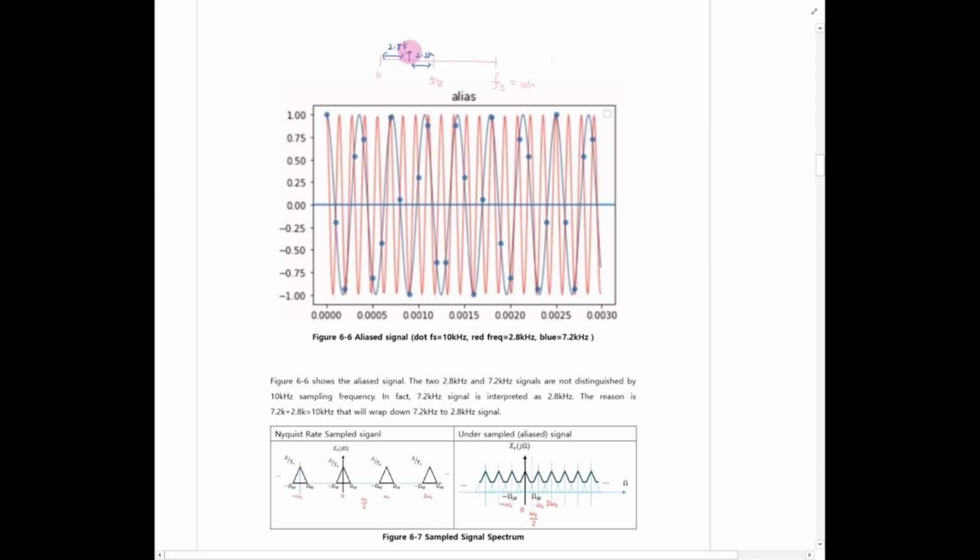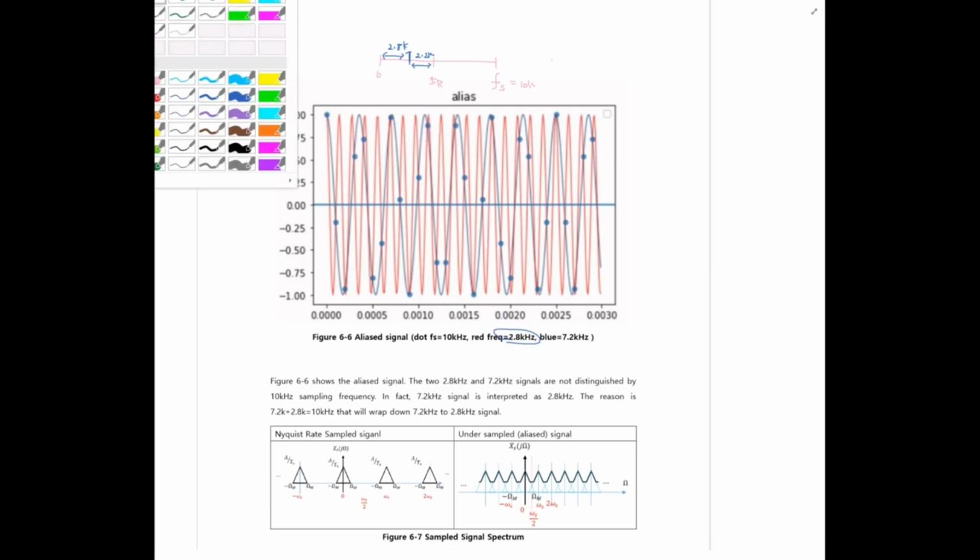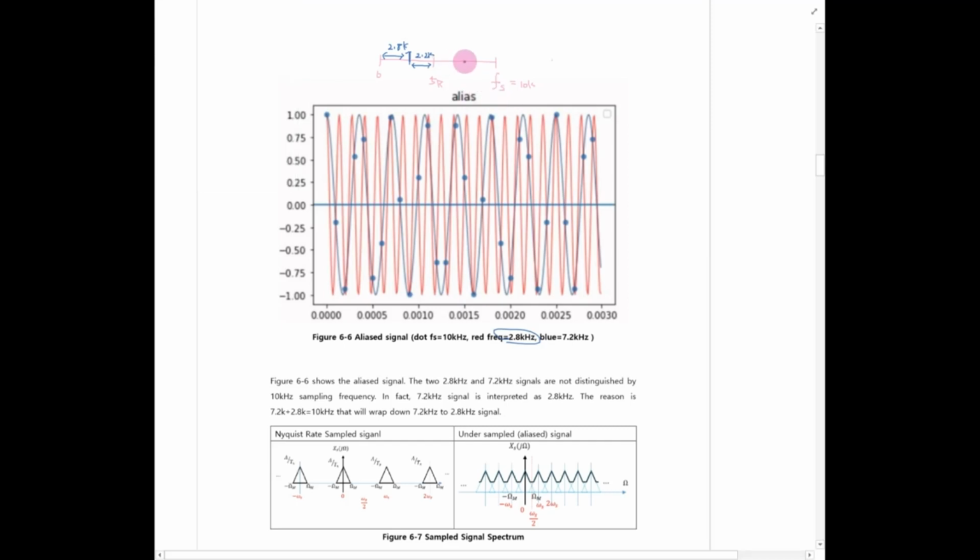So that's the location for this frequency component, the blue one. And 7.2 kilohertz corresponds to around here. This distance is 2.2k. That's the 7.2k, and this distance should then be 2.8k.